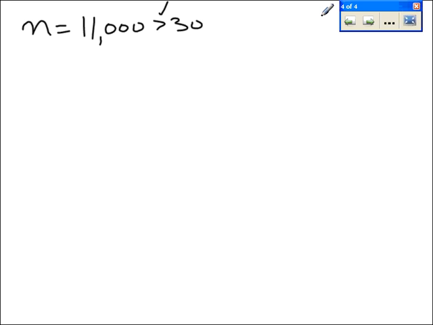Just for the record, in the last problem, the P was either green or white, which is binomial, and if you checked NP and NQ, they would have been 5 or more.